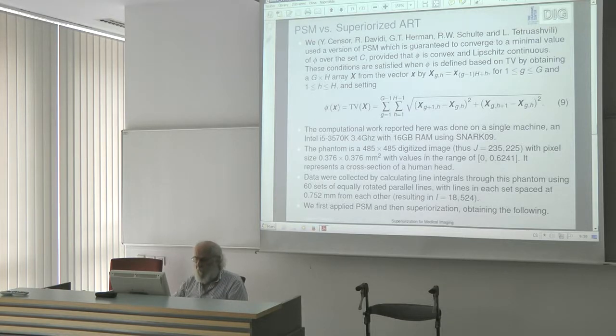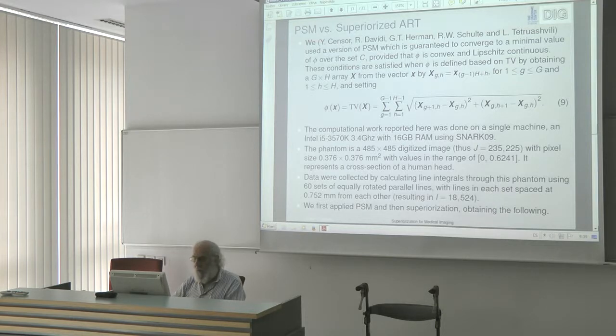We tested it out on a Phantom which had 235,225 pixels, and it was a representation of the human head. And we calculated the data, the B in the Ax = b situation, by estimating line integrals of the Phantom for 18,524 lines.